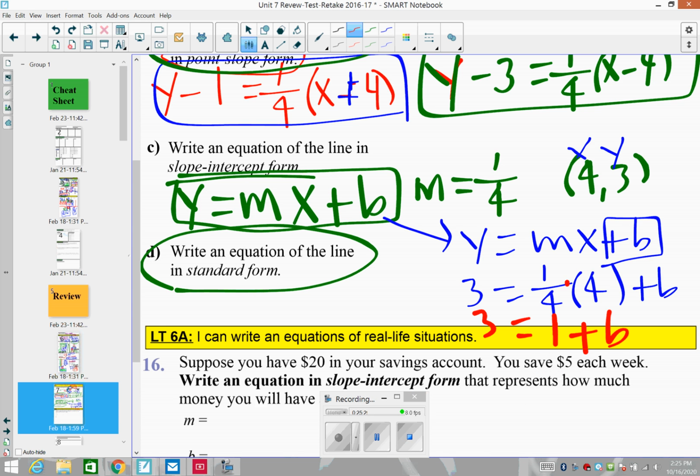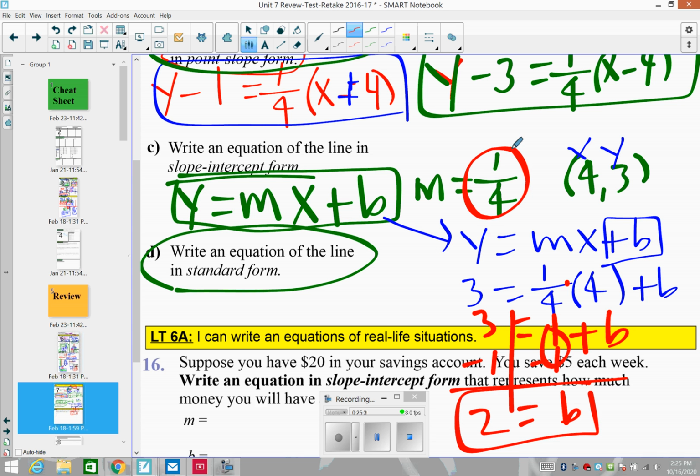And then we're going to subtract 1 from both sides. So we end up with b is equal to 2. So we found the slope in the first step. I chose one of the coordinates. I plugged them in for y and x. I solved for b, and I found b. So now I just need to rewrite the equation.